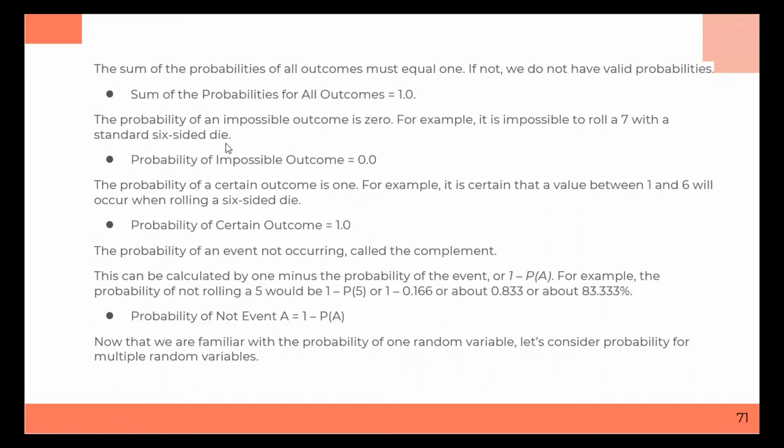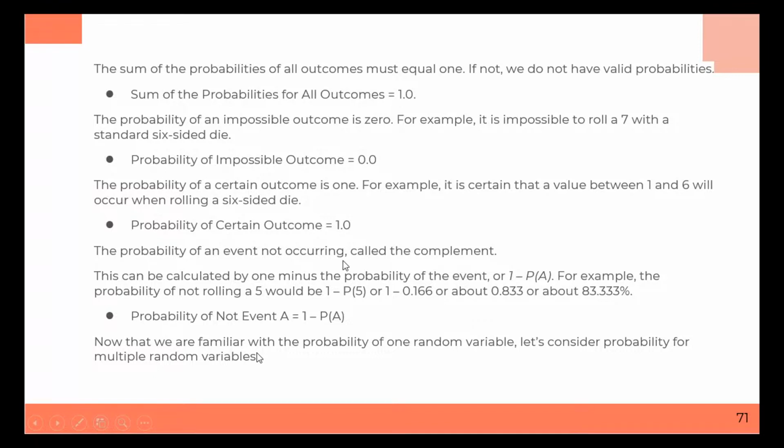The probability of a certain outcome is 1. For example, it is certain that a value between 1 and 6 will occur when rolling a 6-sided die. Any one of the outcomes coming is obviously 1.